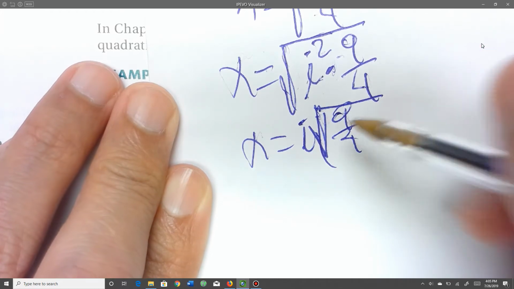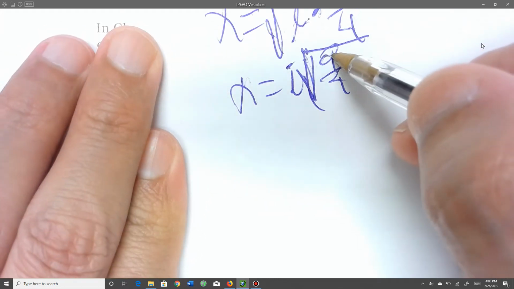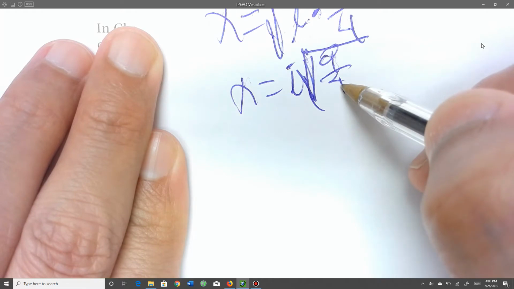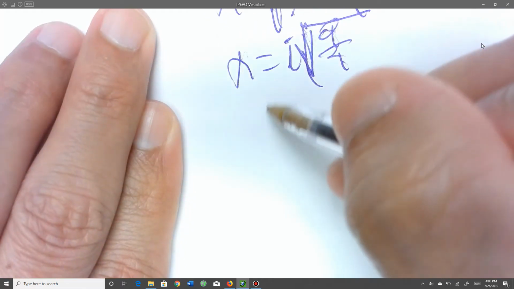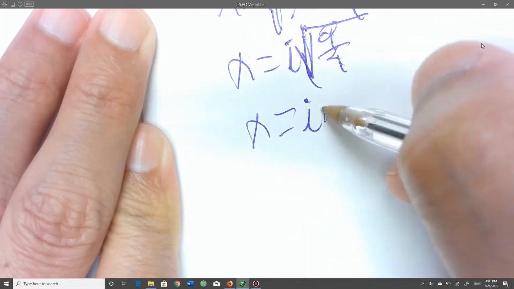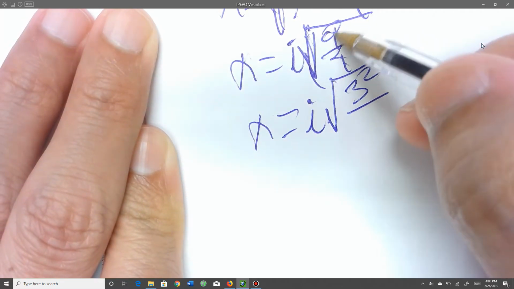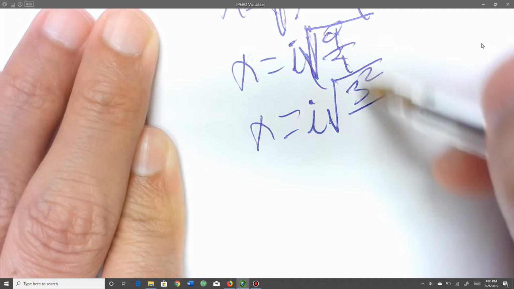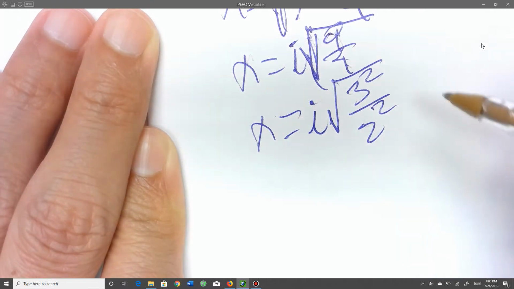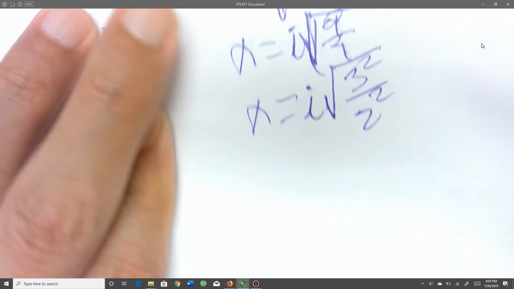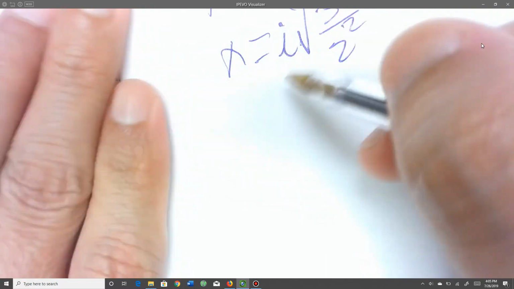Well, in this case, I can see that the 9 is a perfect square, and 4 is also a perfect square. So rewrite that as 3 squared, 3 times 3, and then 2 squared. And I can move those outside the radical sign now.